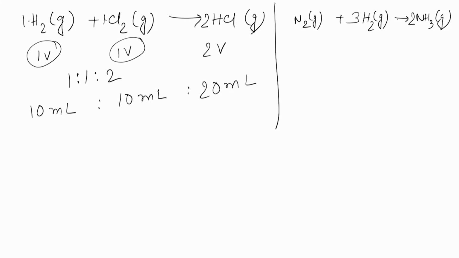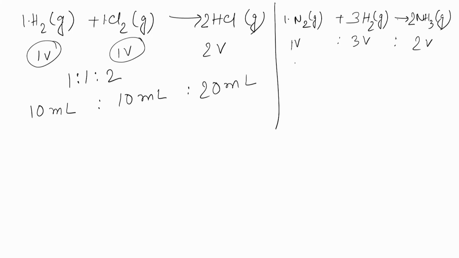Now, let's see. The coefficient of nitrogen is 1, so we can say that in this reaction, 1 volume of nitrogen is taken. The coefficient of hydrogen is 3, so 3 volumes of hydrogen. The coefficient of ammonia is 2, that is, 2 volumes of ammonia are formed.